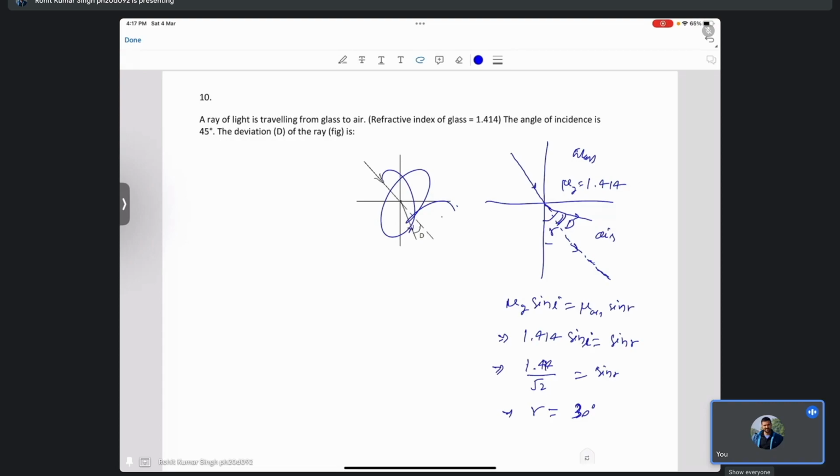If you know this angle, then you can calculate by subtracting. Because these are opposite angles, this will be the same as the incident angle. So D will be just R minus I, correct?